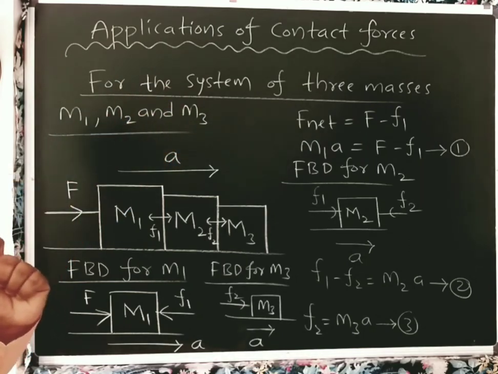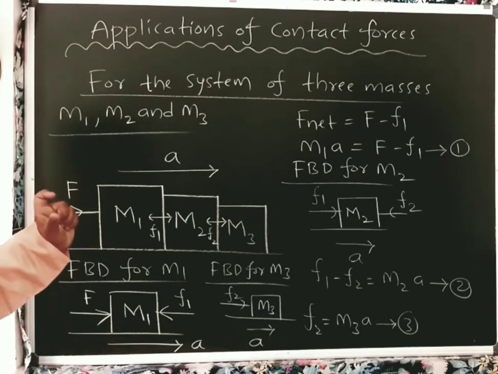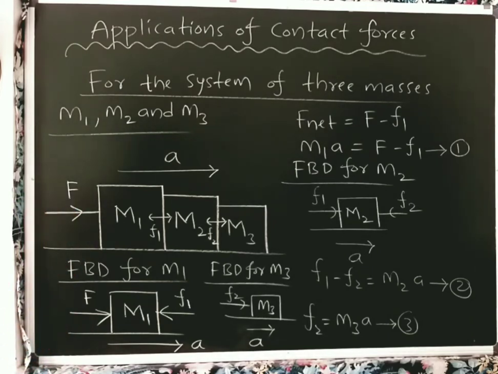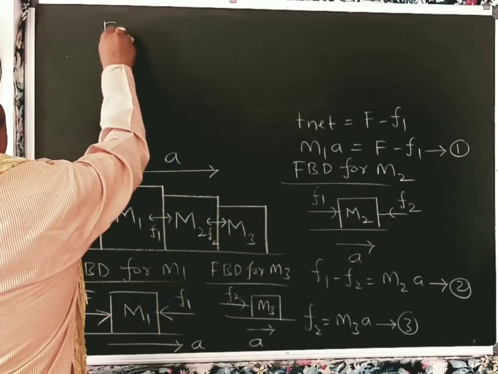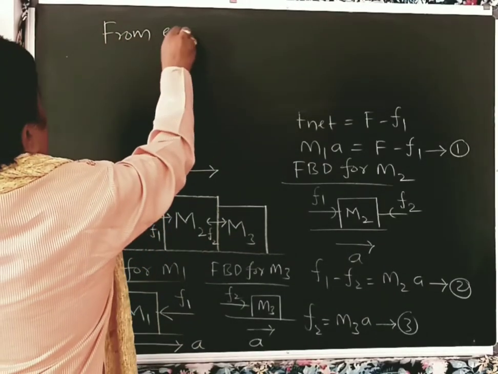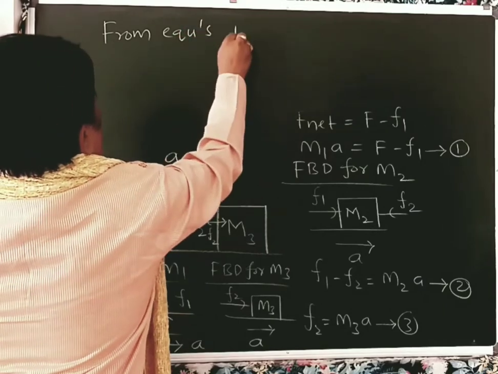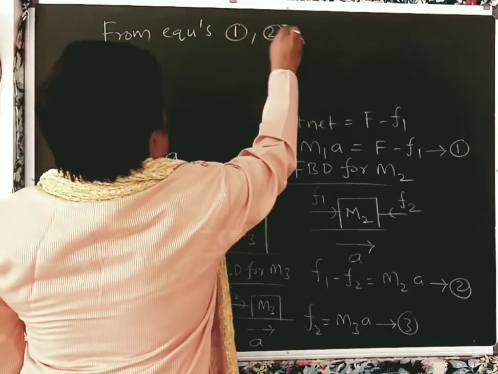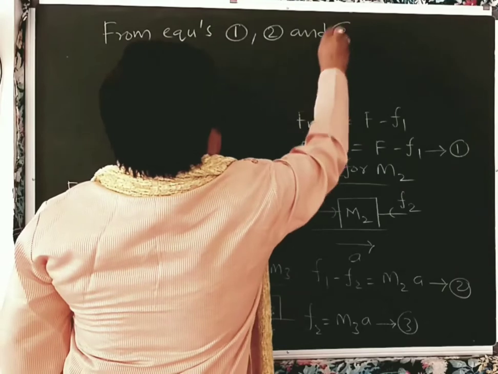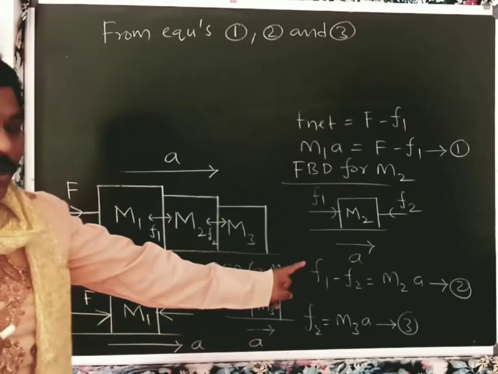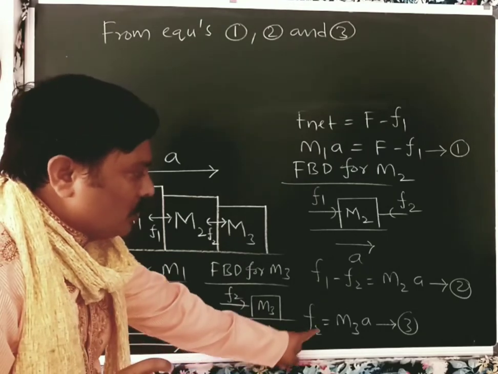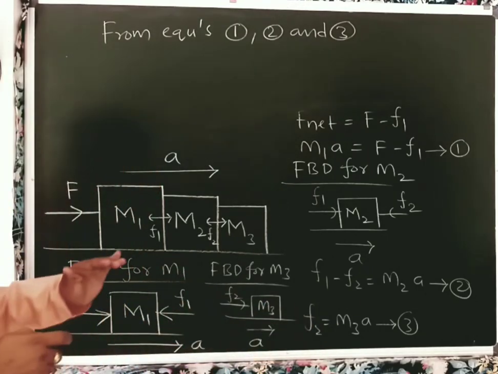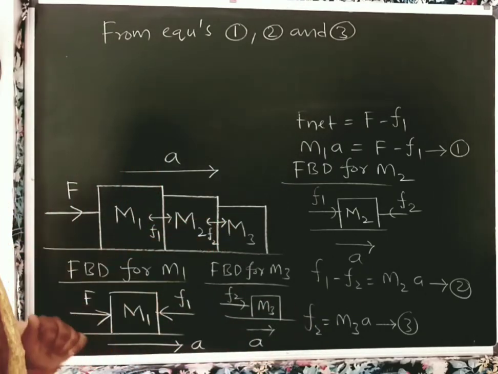For getting the acceleration of the entire system, from equations 1, 2, 3, simplify the values, then we will get the acceleration of the entire system. From equations 1, 2 and 3, first of all simplify equations 2 and 3. Instead of F2 substitute M3A, then we will get contact force F1.